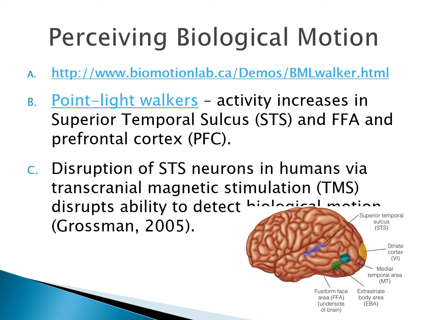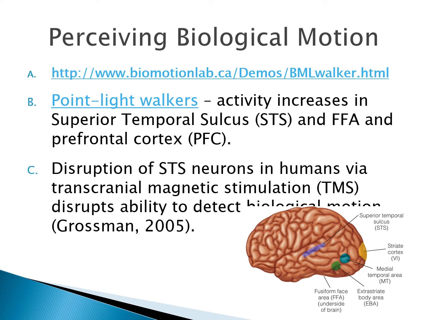When we are looking at these point light walkers, and so looking at this biological motion, we see that activity increases in the superior temporal sulcus, the STS, which is specific to biological motion. That area also activates when looking in people's eyes, when you say hello as you pass somebody on the street, and when we are looking at faces and eyes to figure out what people are talking about.